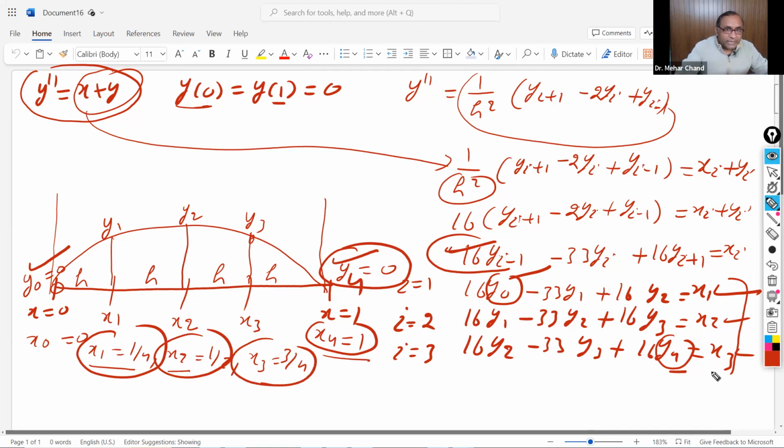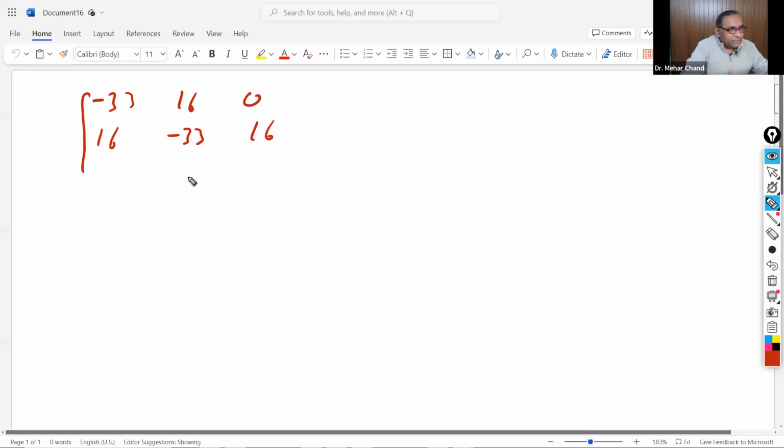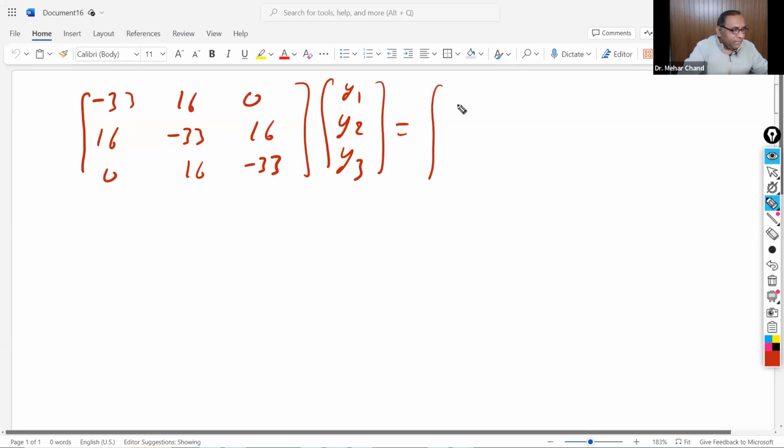We put these on the right hand side, and after simplifying, these equations can be easily converted into matrix form. We take the coefficients 16, minus 33, 16, 0, and 0, 16, minus 33, 16, and here we have y1, y2, and y3, equal to x1, x2, and x3.